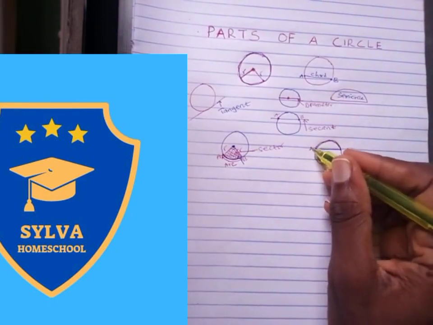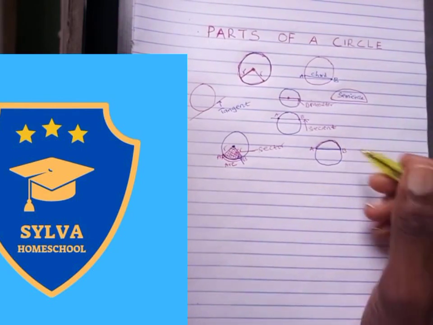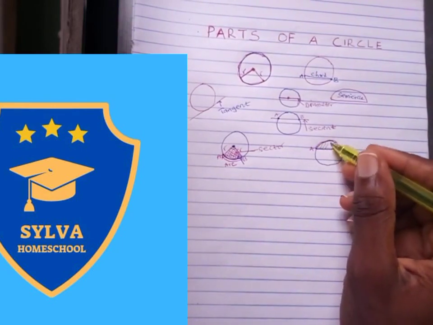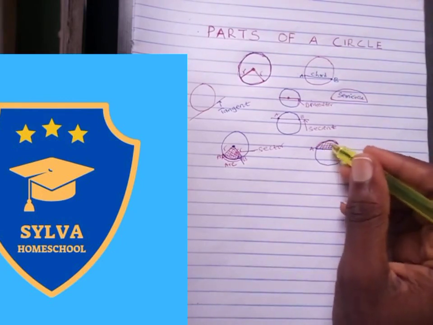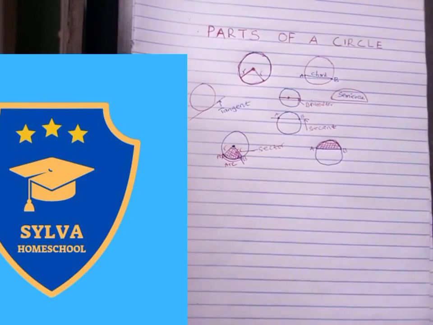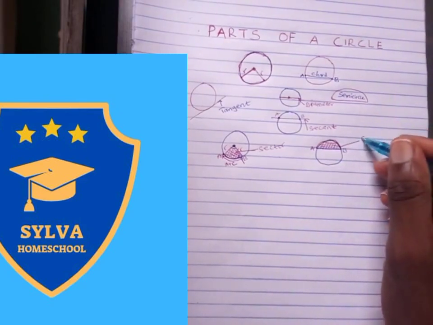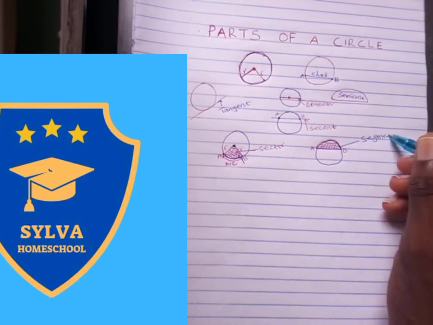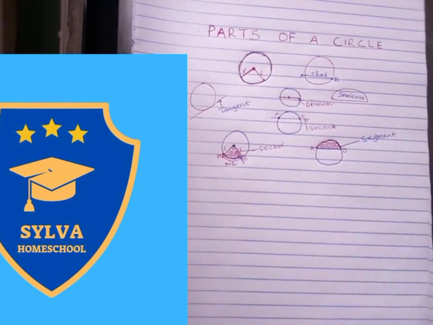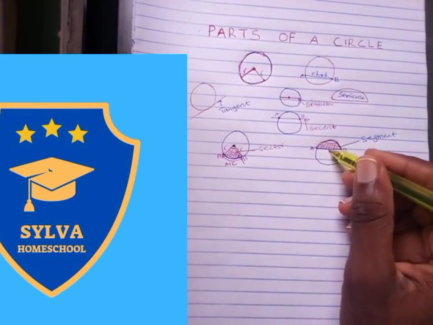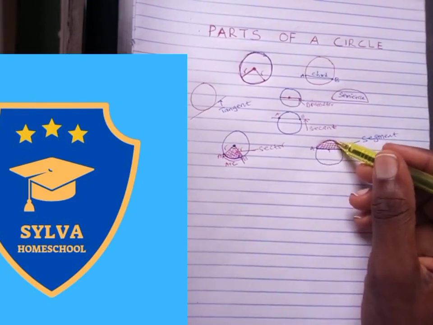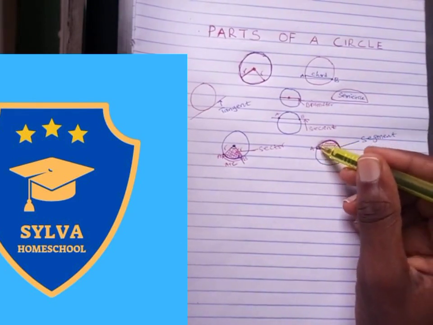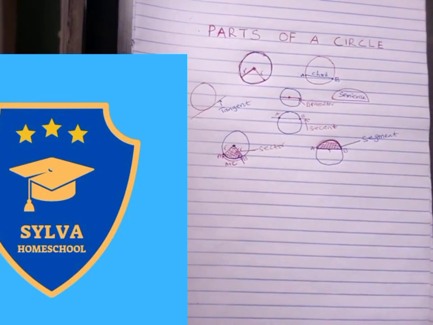If we say here to be point A, and we take here to be point B, this is the area of the segment. So this is called a segment. A segment of a circle is the part of the circle bounded by a chord and an arc. So basically, these are the parts of the circle.